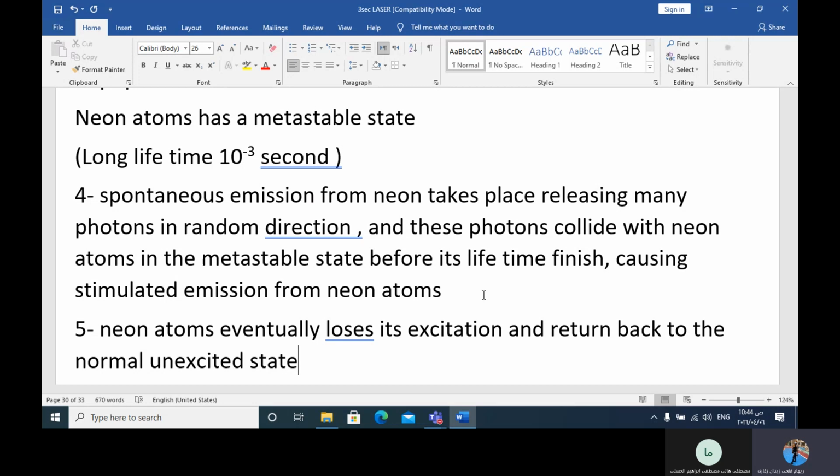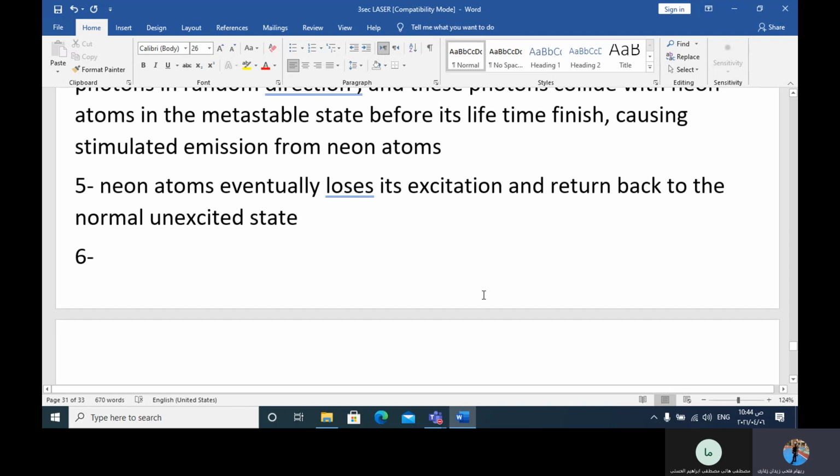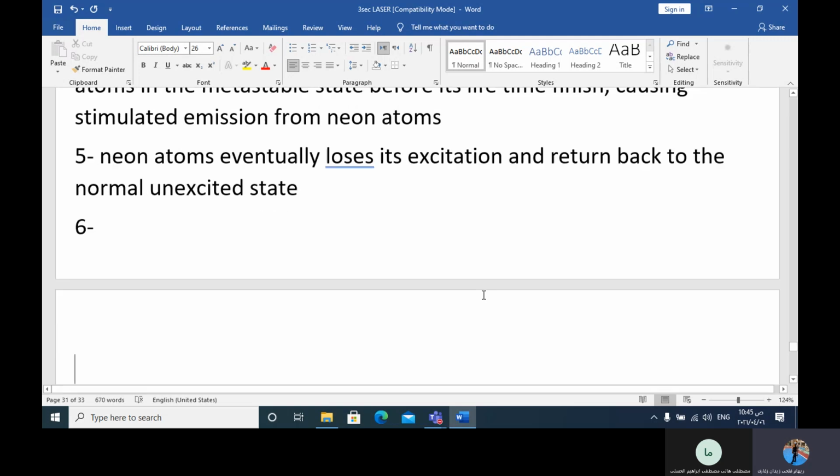Point number 5: the neon atoms eventually lose their excitation and return to the normal unexcited state. And that's logical. By continuous emission of radiation from the neon atoms, their energy will be reduced gradually until they come to the ground state.